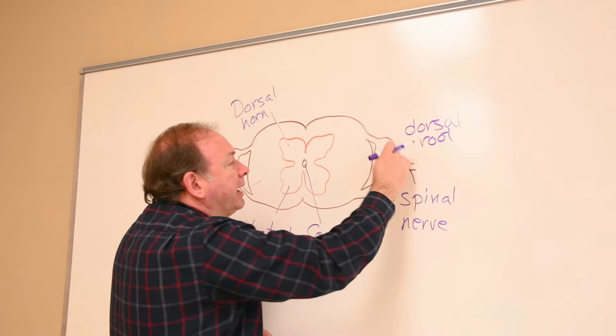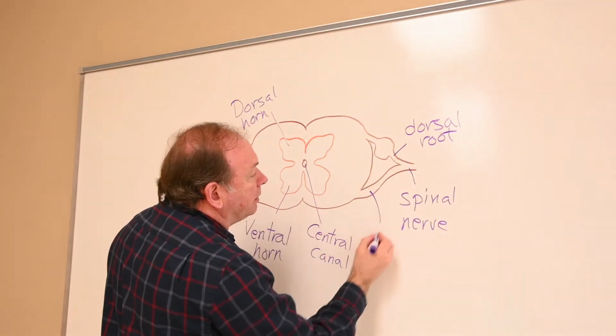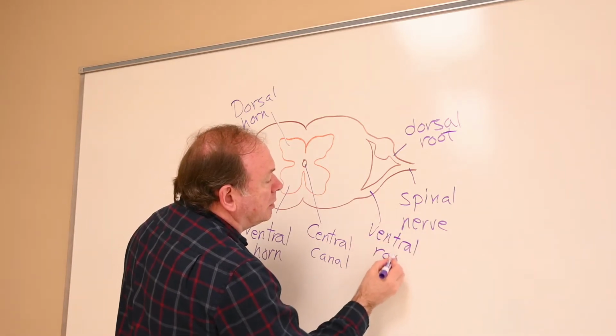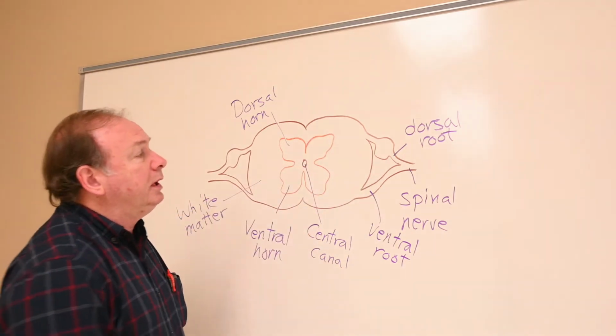We call the upper branch a dorsal root. And down here, this is called a ventral root. So two different roots to that single spinal nerve out there.